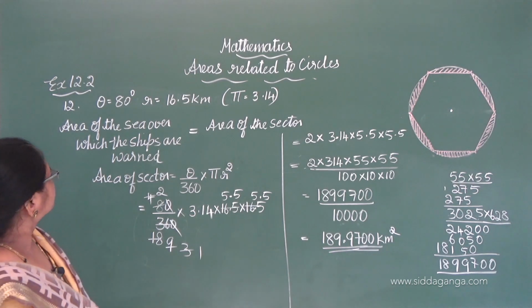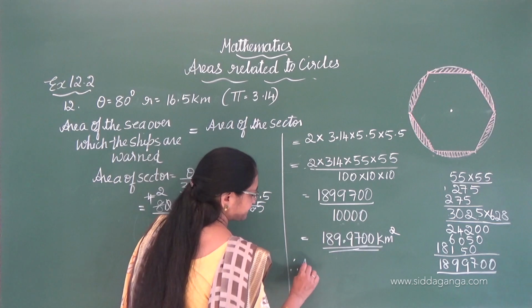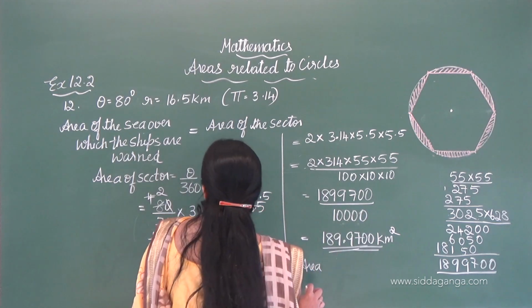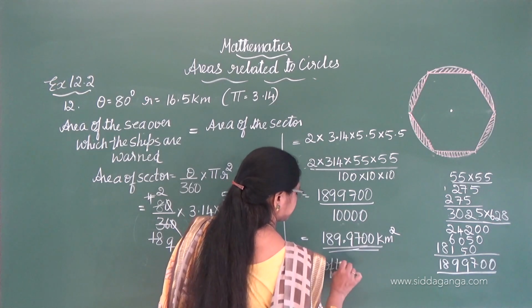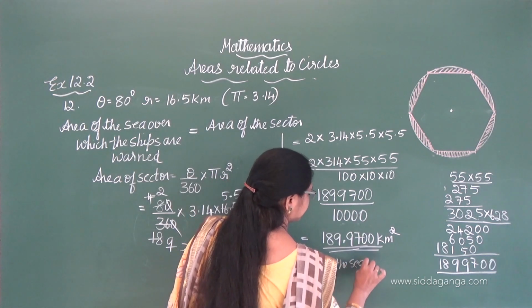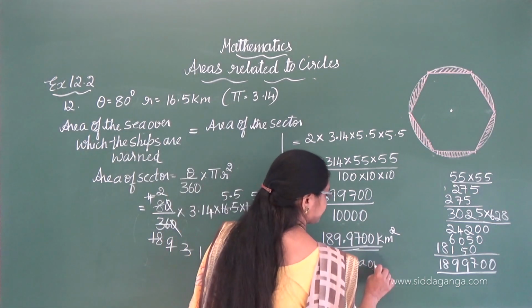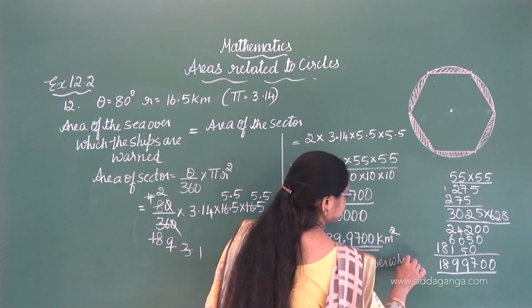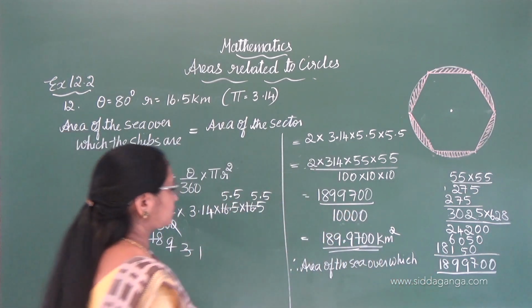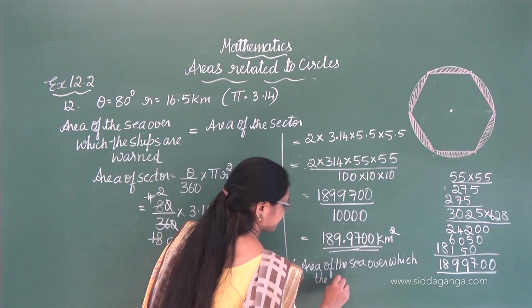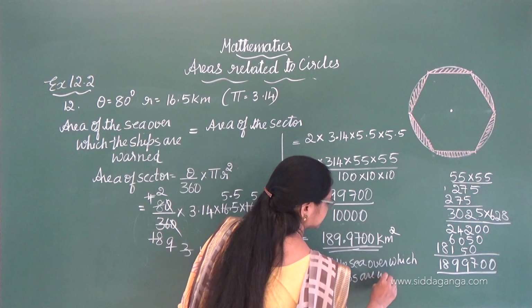Okay, finally the conclusion you have to write. Therefore, the area of the sea over which the ships are warned is how much?